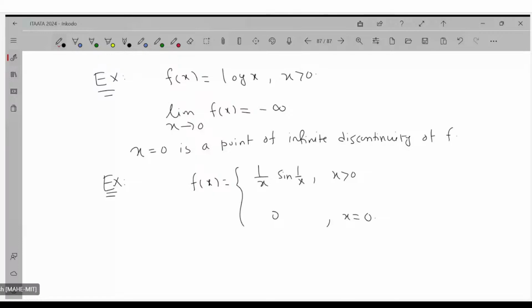So f is unbounded on each deleted neighborhood of 0, in the interval 0 to infinity. We are discussing in that interval 0 to infinity.